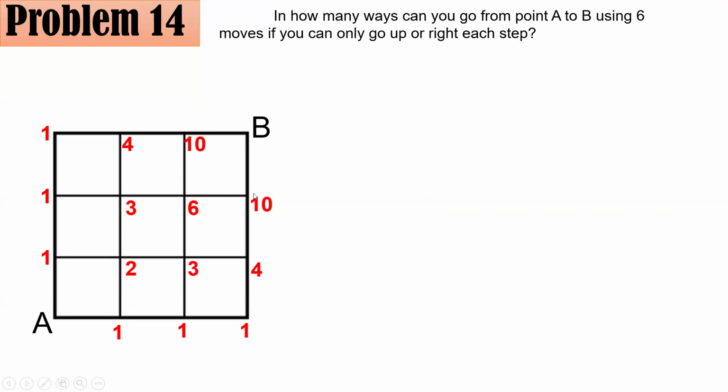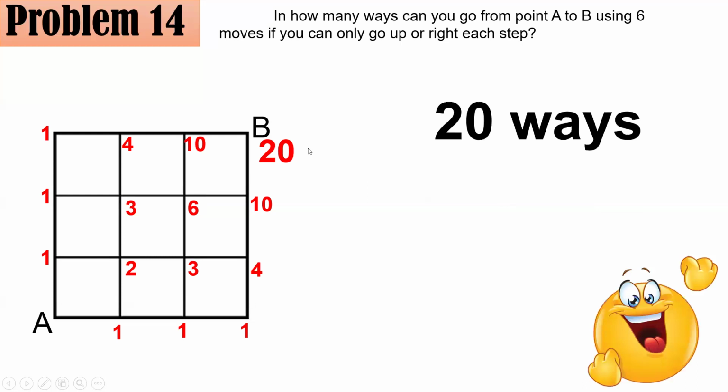And lastly, 10 plus 10 will give us 20. So you see you have reached B already, which is 20. So therefore, there are 20 ways for you to go from point A to point B following the conditions of the problem. Okay, so far so good. I hope you got this.